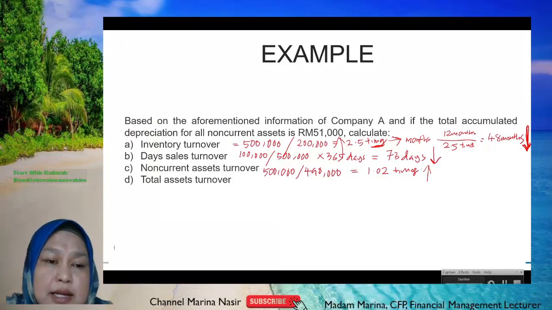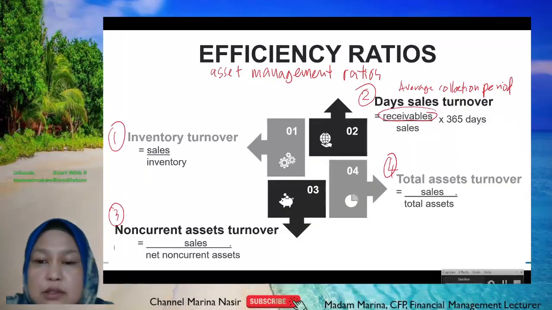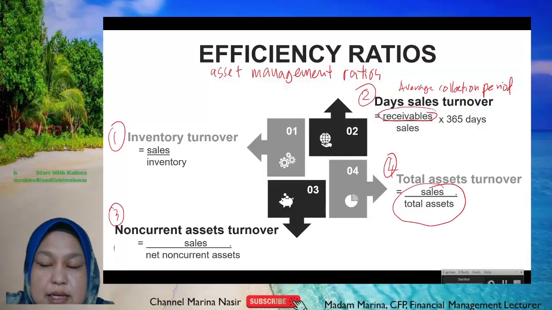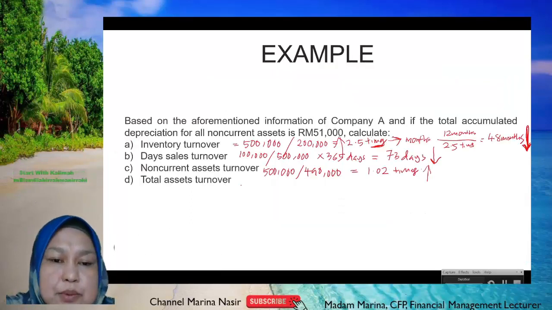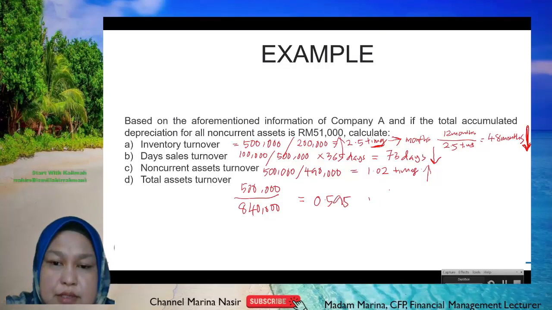The last one, total asset turnover. How to calculate total asset turnover? Sales divided by total asset. We have sales 500,000 divided by 840,000. So our answer is 0.595 times.